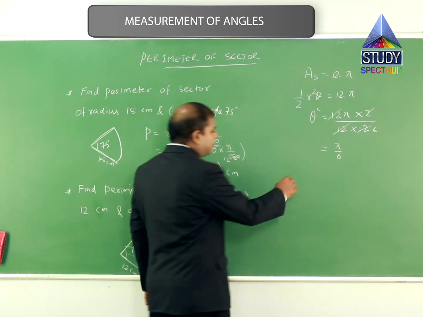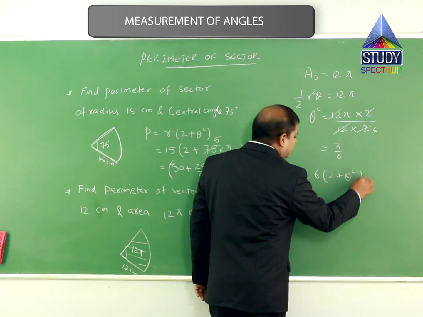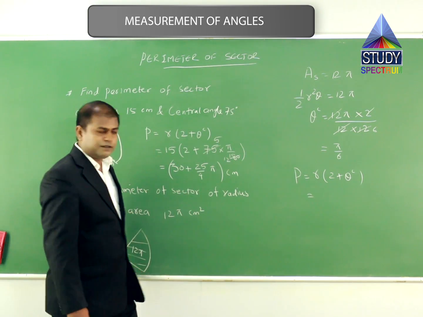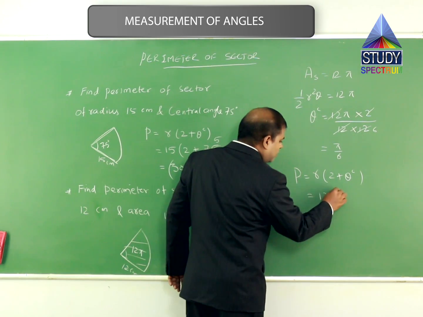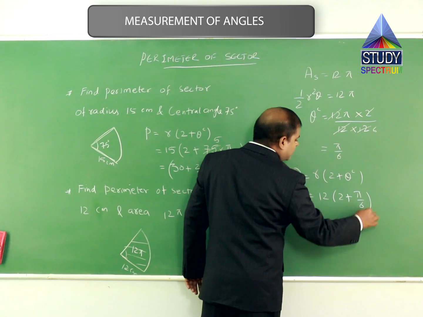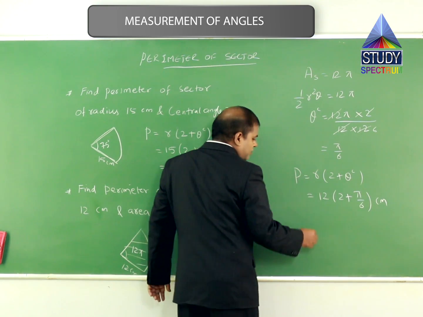So perimeter of the sector is what? r into 2 plus theta in radians. Radius is once again 12. So this is 12 into 2 plus theta. Theta is pi by 6. This answer would be in centimeters as radius was in centimeter.